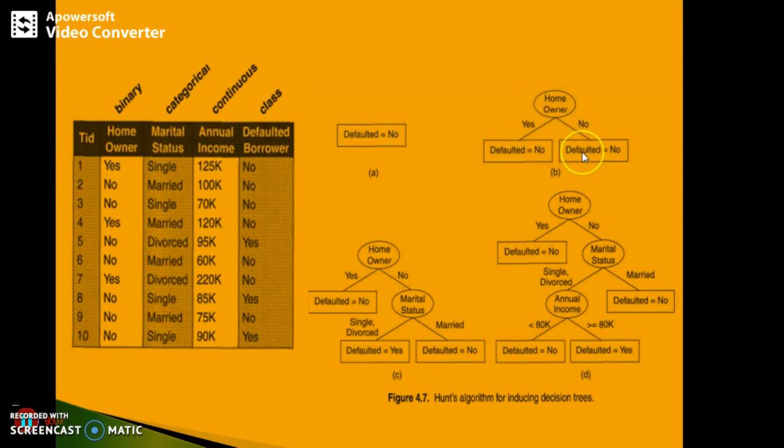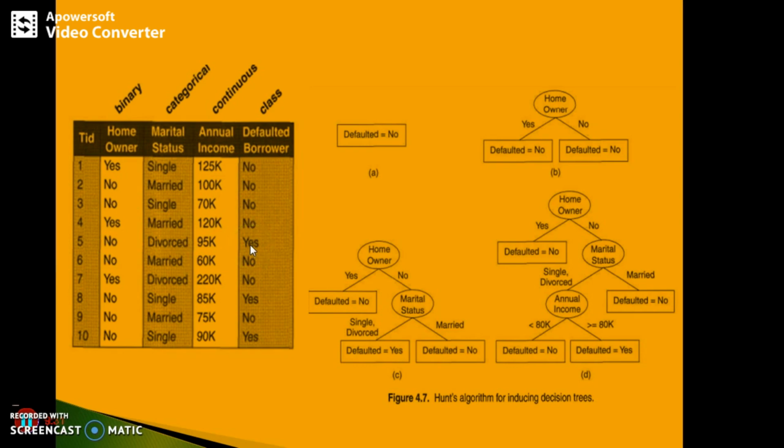Now let's go to the right subtree. What is this? Homeowner is equal to no. See here, when homeowner is equal to no, the second record is not risky. When homeowner is equal to no, he doesn't have the house. Again, not risky, paid the loan. Fifth one, when homeowner is equal to no, see here, he says that he has not paid. That means he is a risky person.